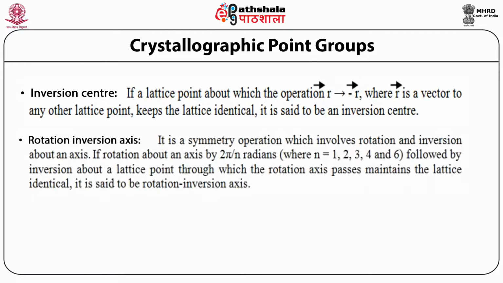Rotation inversion axis. It is a symmetry operation which involves rotation and inversion about an axis. If rotation about an axis by 2π/n radians, where n is equal to 1, 2, 3, 4 and 6, followed by inversion about a lattice point through which the rotation axis passes, maintains the lattice identical, it is said to be a rotation inversion axis.